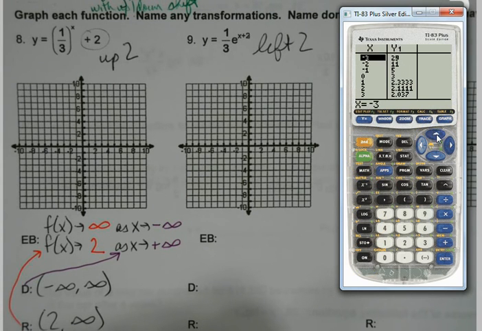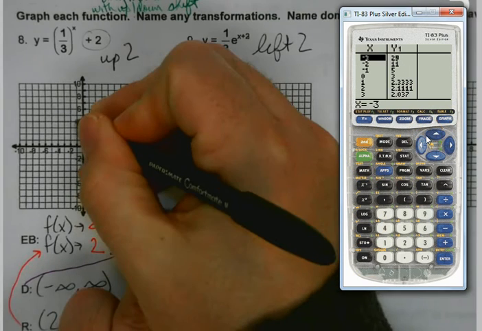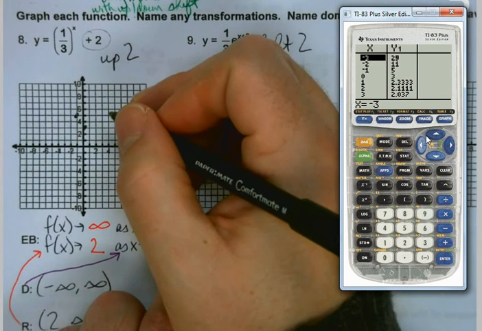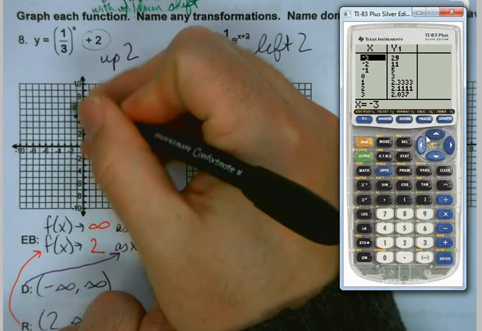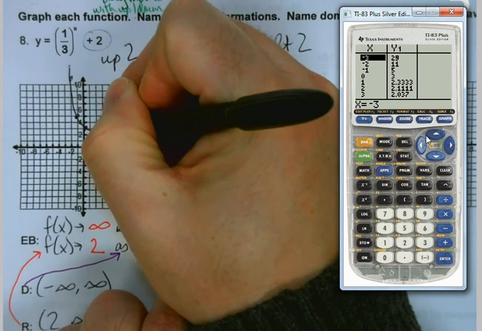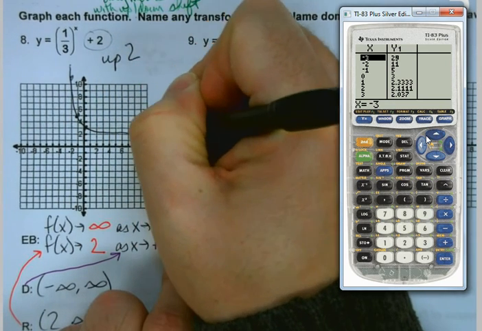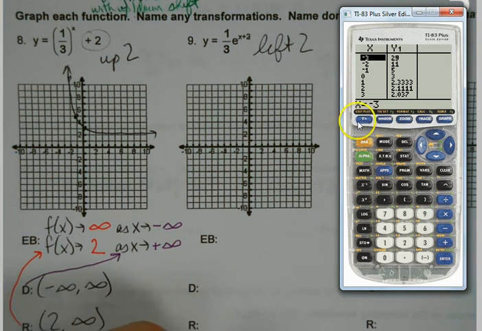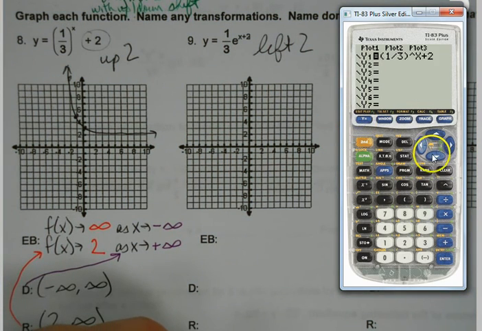Well, why do we have to worry about that? No, just kidding. Again, I can just use some points from here. Not that tough to do. And knowing that my asymptote's at 2, as long as I'm not crossing that, I'm okay. And we're going to find something similar when we do this for 9.